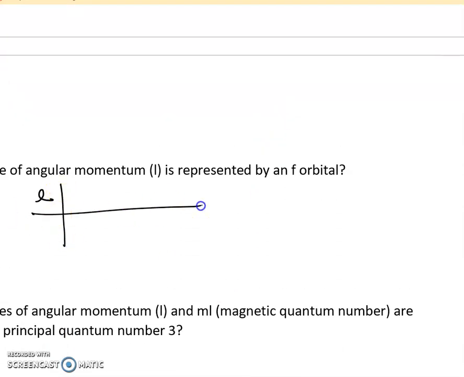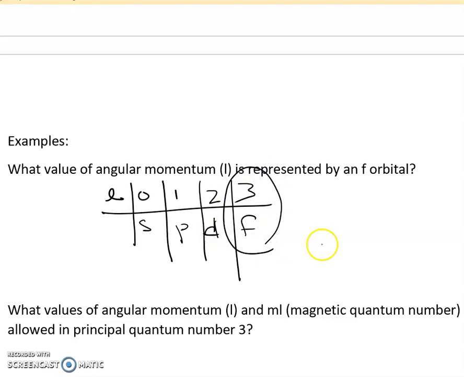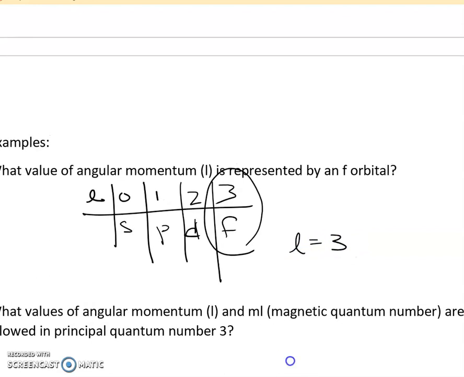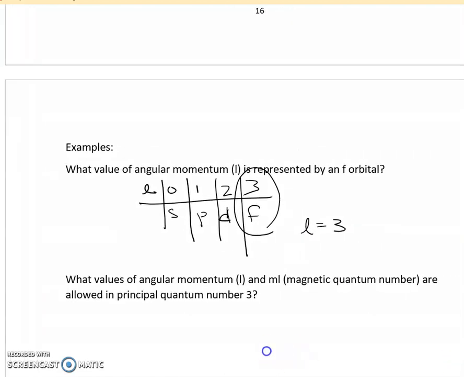If our l is 0, 1, 2, 3, we know this is s, this is p, this is d, this is f. So l would have to be 3.